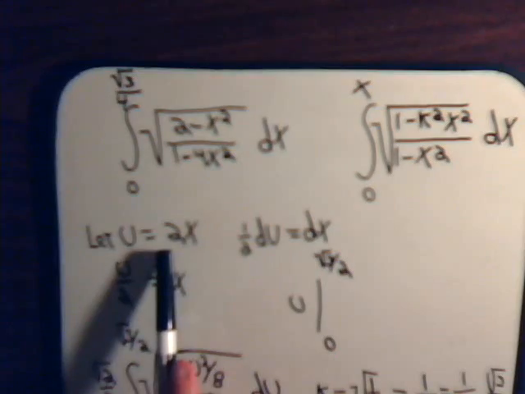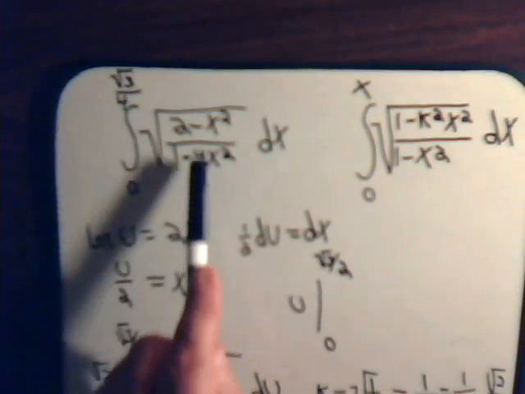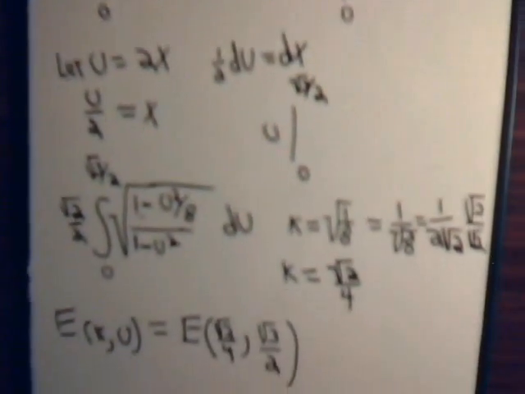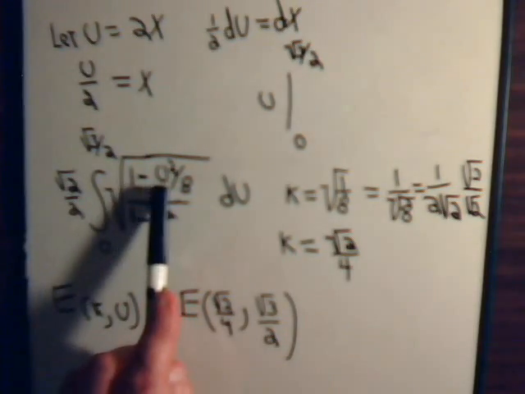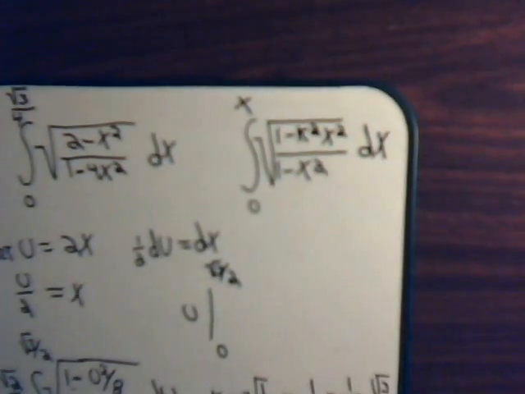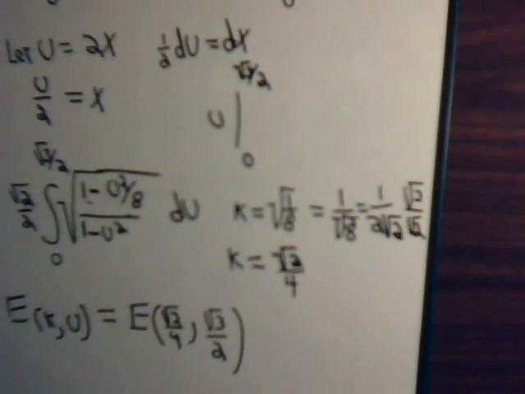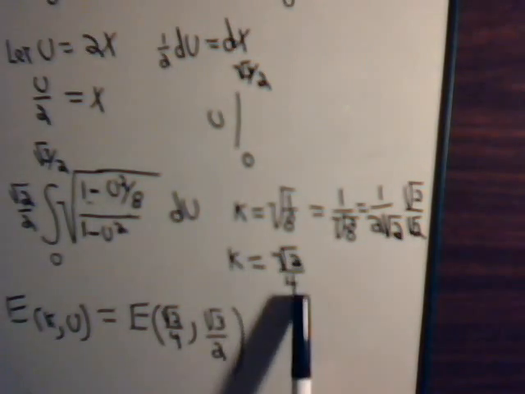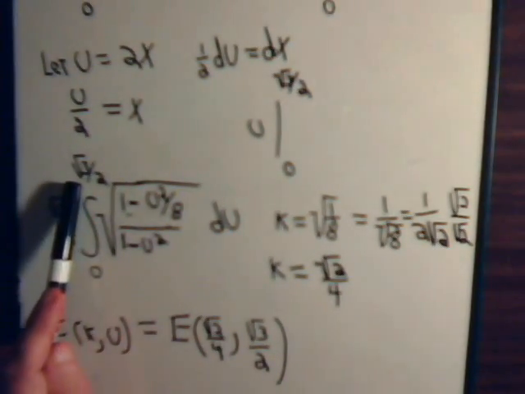We made this substitution then. Once we did that, everything else pretty much fell into place, so that this was transformed into this, u squared divided by 8. And here we have k squared, so k is 1 over the square root of 8, or we can get it into this form. And then the upper limit, once it's in standard form, is this.